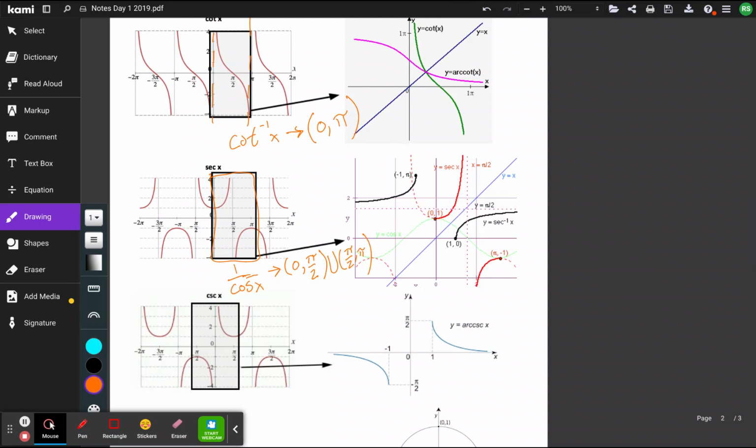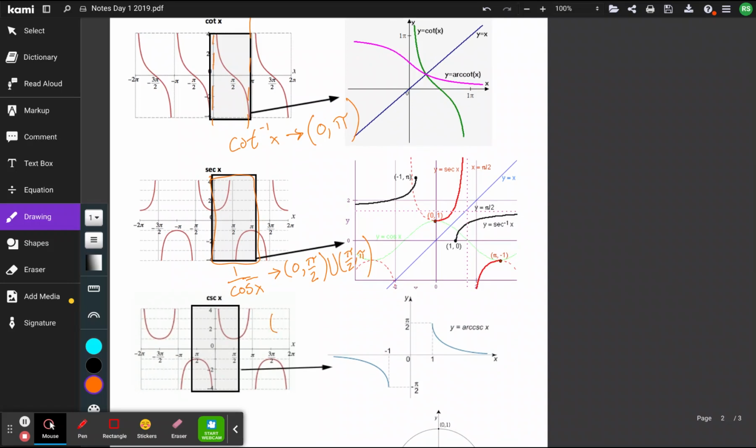So that's not going to be a smooth curve from 0 to pi. We're going to have an asymptote halfway in between. Same with cosecant. We're looking from negative pi over 2 to pi over 2, but we have that asymptote at 0. So 0 will not be included in our inverse options for cosecant.